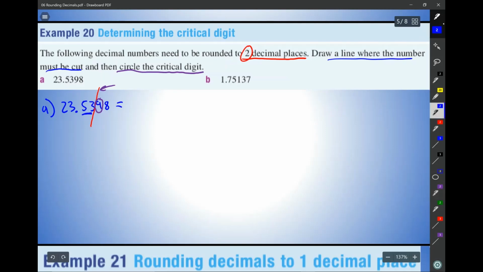Because what happens is if the critical digit is less than 5, then our number on the other side of the line does not change.